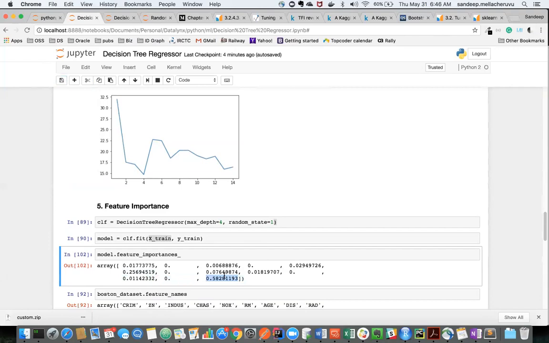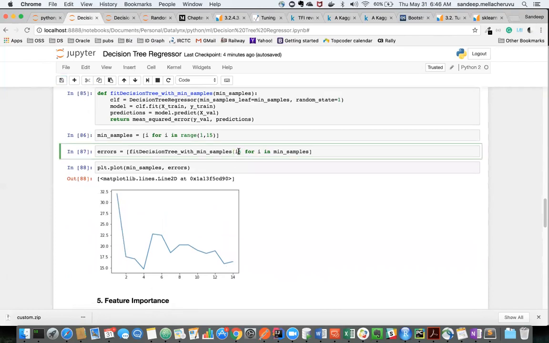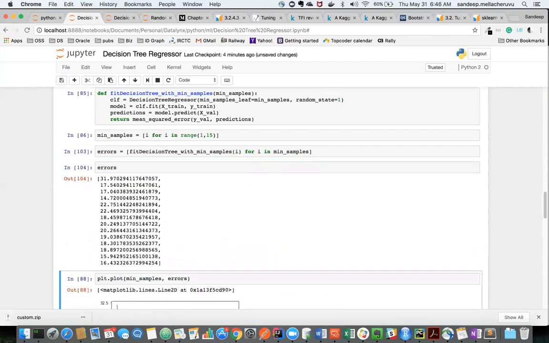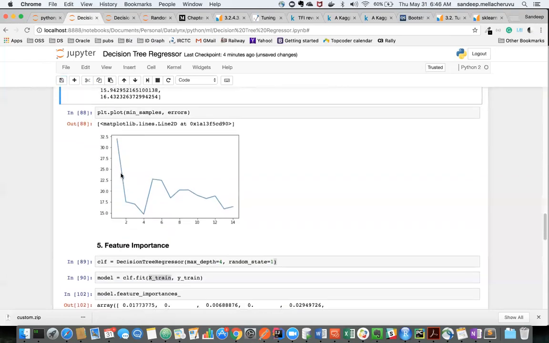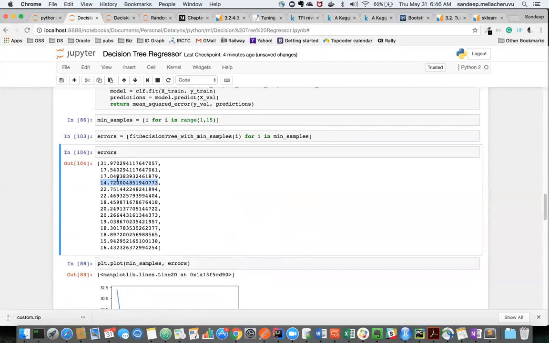If you see, we are nearby 14.7. That is depth equal to 4. Now, if your SS residual became, let's say, 17 or 18, that is also fine by dropping some variables. But beyond that, you're doing some mistake.